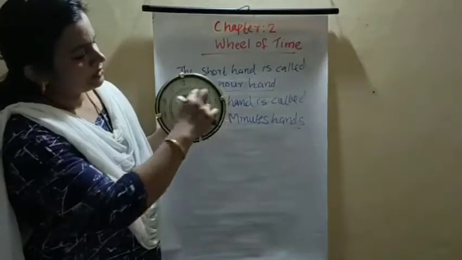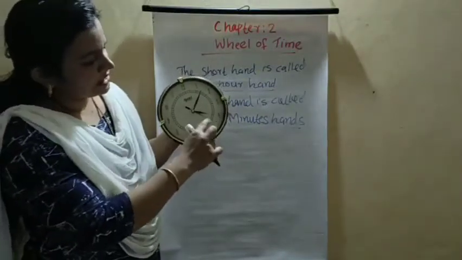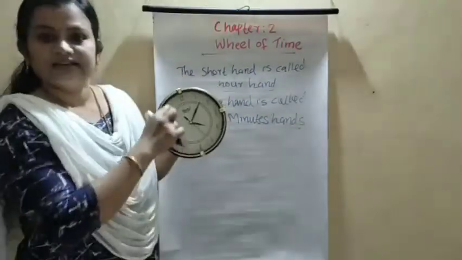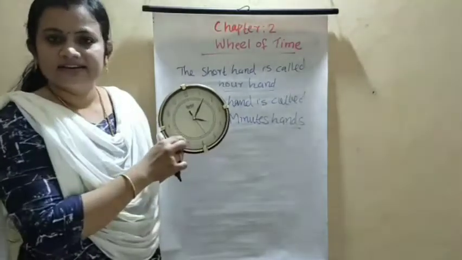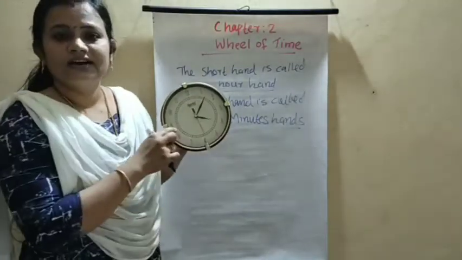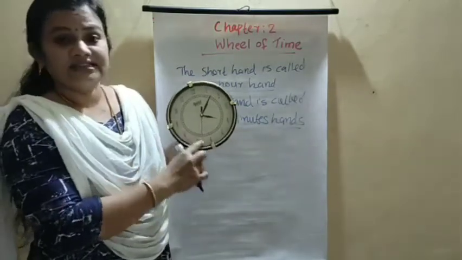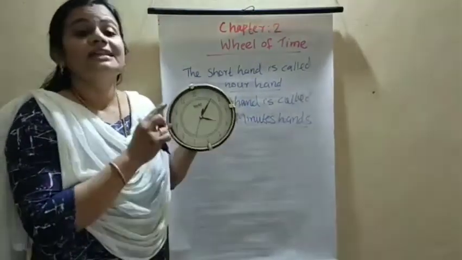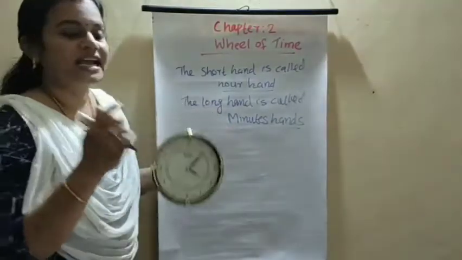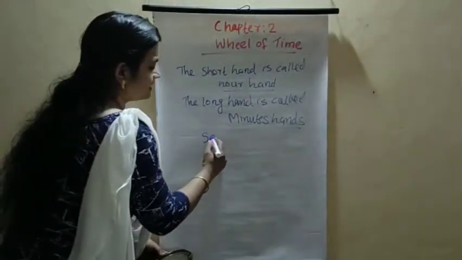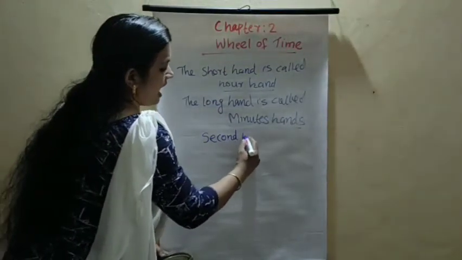Then you check here, this one is the fastest moving hand. Do you know the name of this hand? This hand is called the second hand.